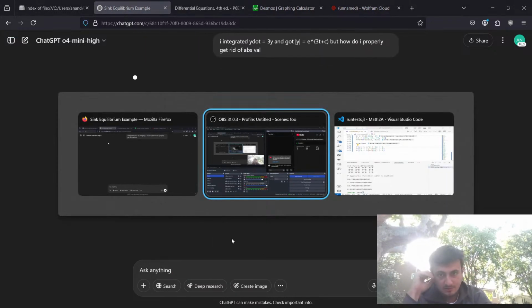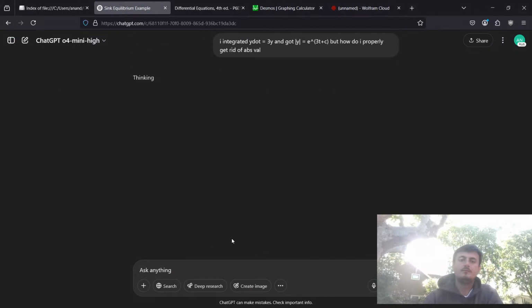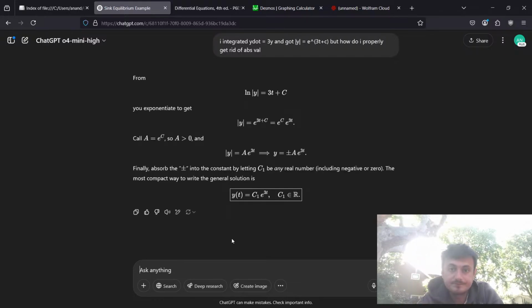I really don't like the absolute values. I don't know why they trip me up so much. Okay, so then this becomes y is equal to plus or minus a e to the 3t. So basically, you can just get rid of it in that case.